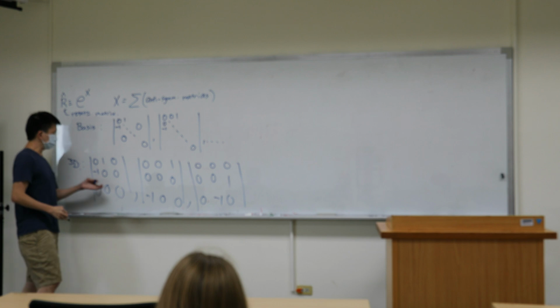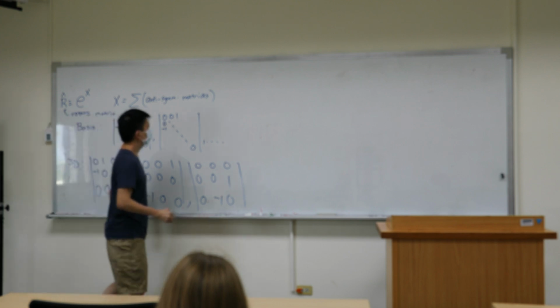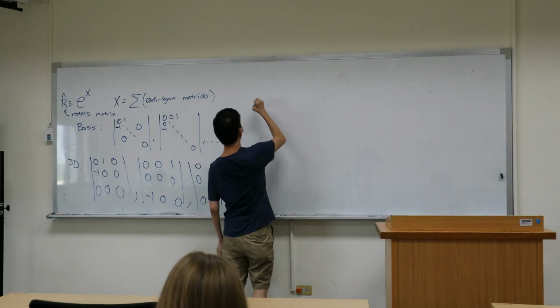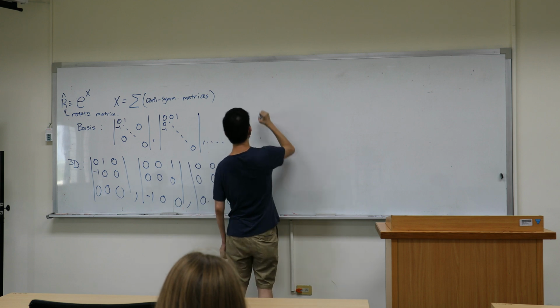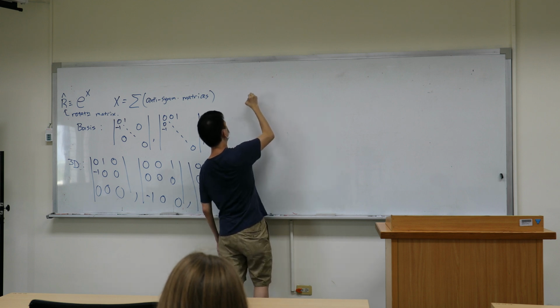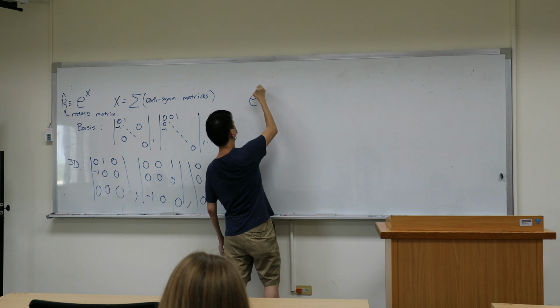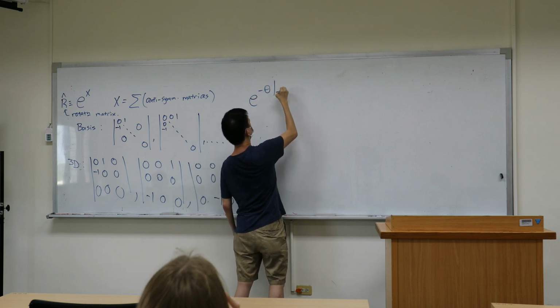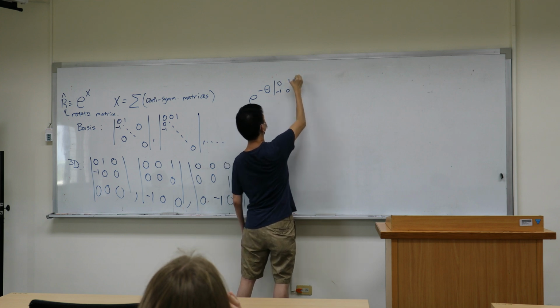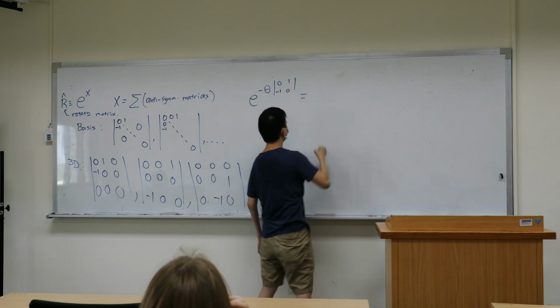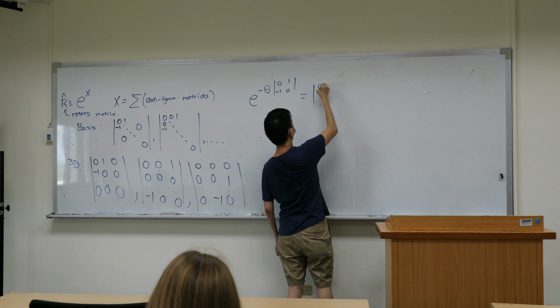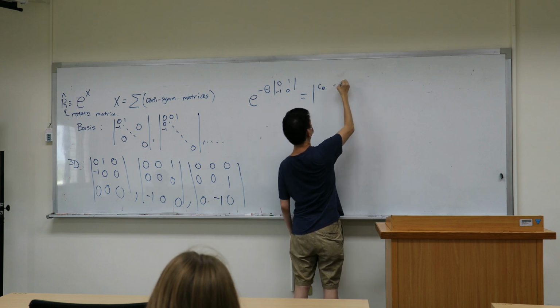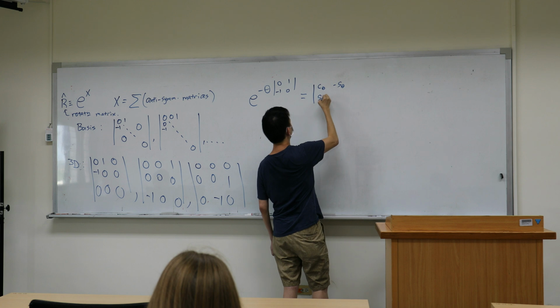Let's pick this one. We did a 2D case, and in the 2D case we discovered that e to the minus theta of -1, 1, 0, 0, in fact gave you the rotation matrix cosine theta, minus sine theta, sine theta, cosine theta.